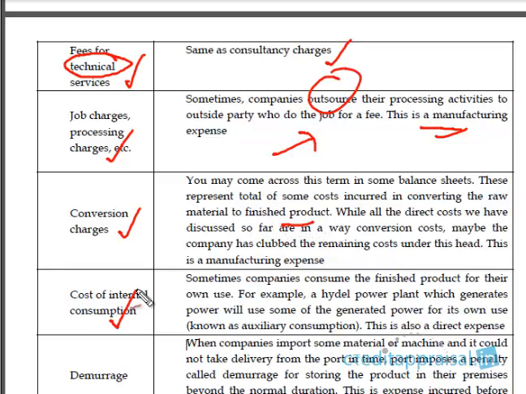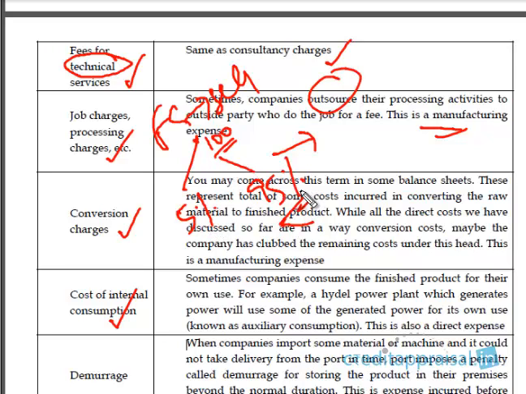Cost of internal consumption. Sometimes companies consume the finished product itself. Usually you sell a finished product, but companies sometimes consume a part of the finished goods for their own use. For example, if 100 units are produced, maybe they can use 5% for their own internal consumption, and the remaining 95% they can sell. Take for example a hydel power plant, which generates power.